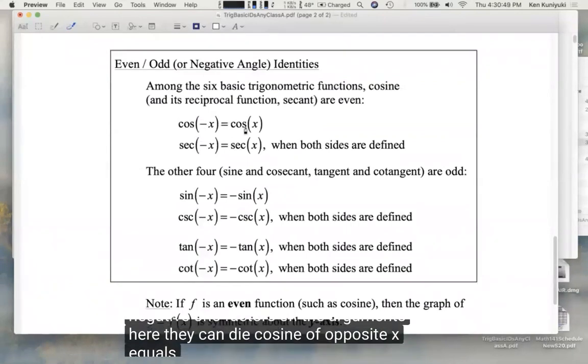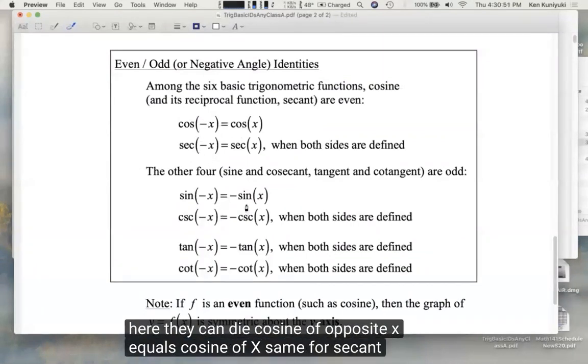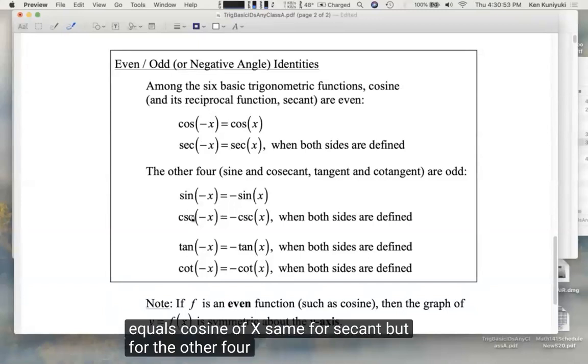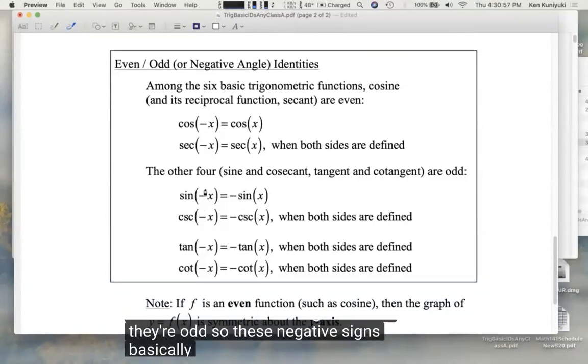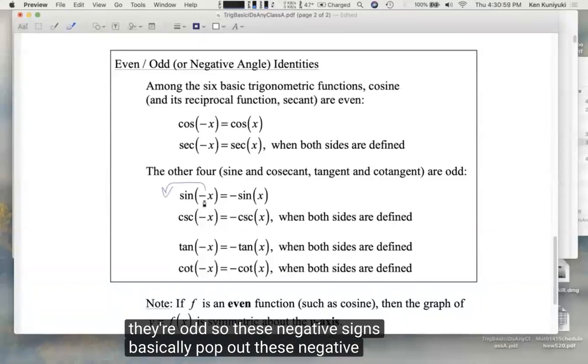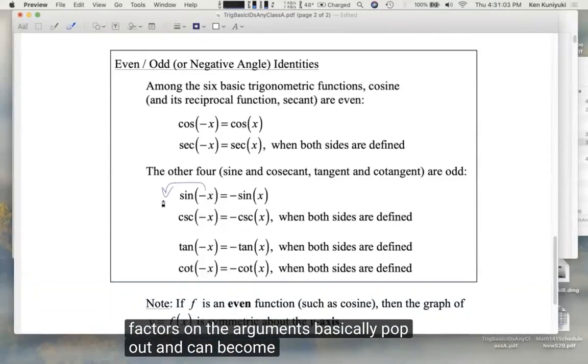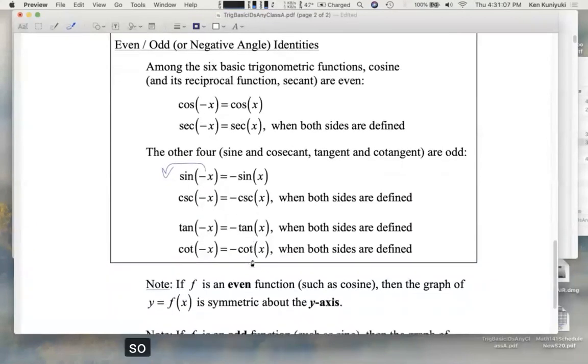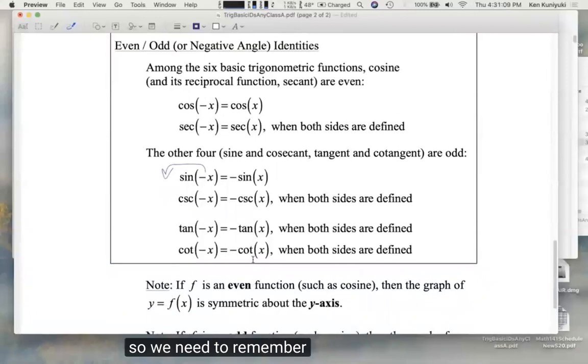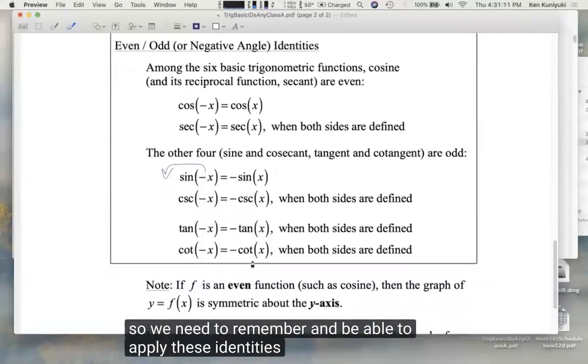Cosine of opposite x equals cosine of x, same for secant. But for the other 4 basic trig functions, they're odd. So these -1 factors on the arguments basically pop out and can become coefficients. So we need to remember and be able to apply these identities.